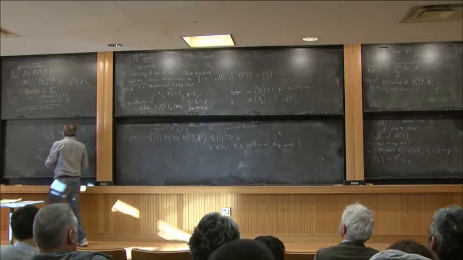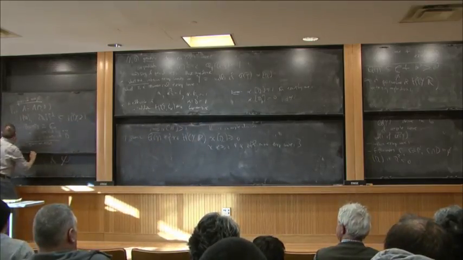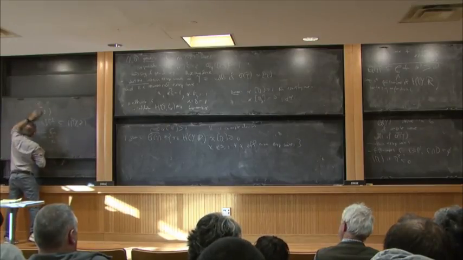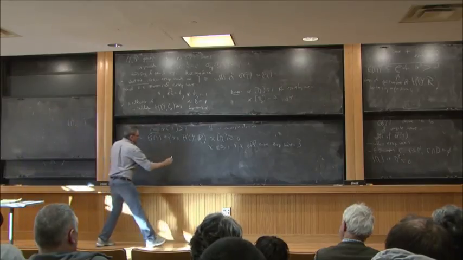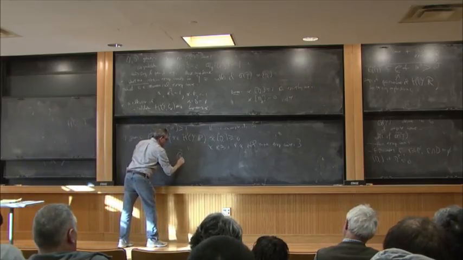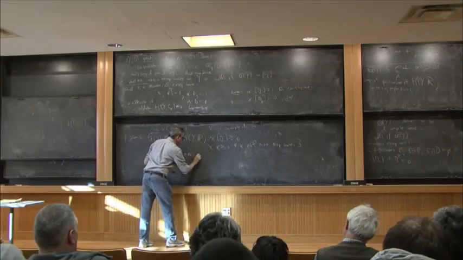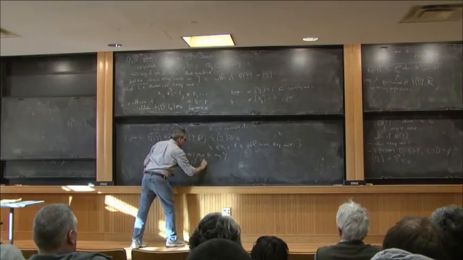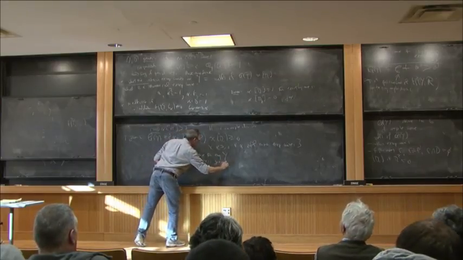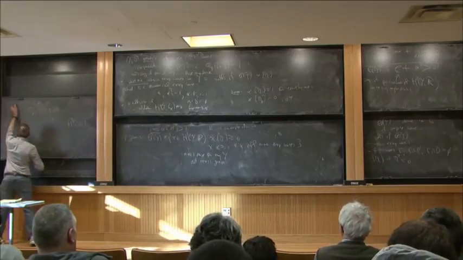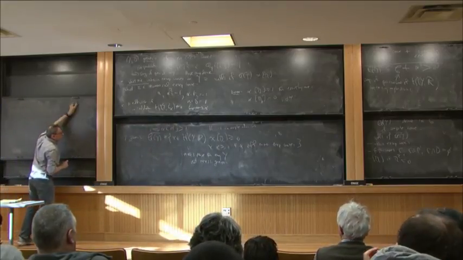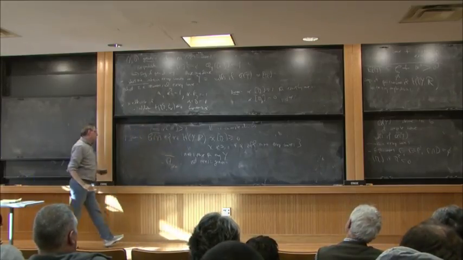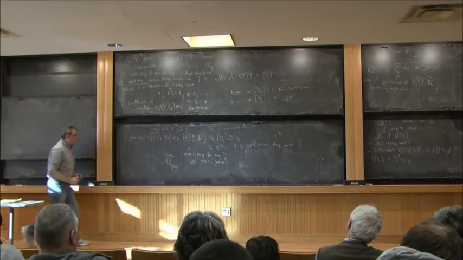And as a consequence, this condition makes sense for any Y, not necessarily generic. And I want to just define this to be, I'm just going to call it A bar, the generic ample cone.